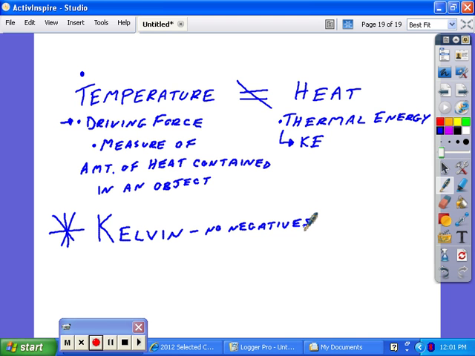So it literally goes from absolute 0, which is 0 Kelvin, the point at which all motion would inherently stop. And it goes up to pretty much a limitless value. It is graded the same exact way as Celsius or centigrade.